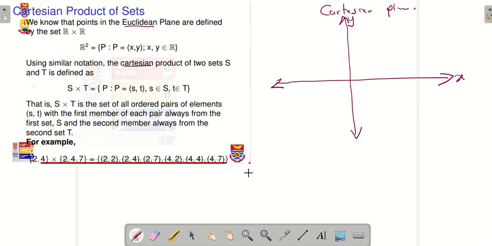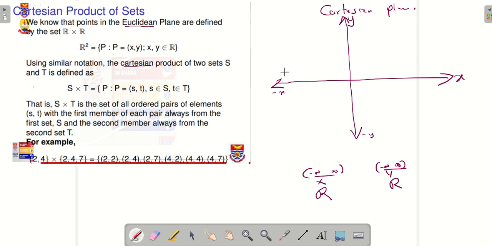What it means is that when we talk of the x values, they start from negative infinity to positive infinity. That's for the x-axis. The y-axis also starts from negative infinity and ends at positive infinity. And all these values on the x-axis and the y-axis are real numbers.